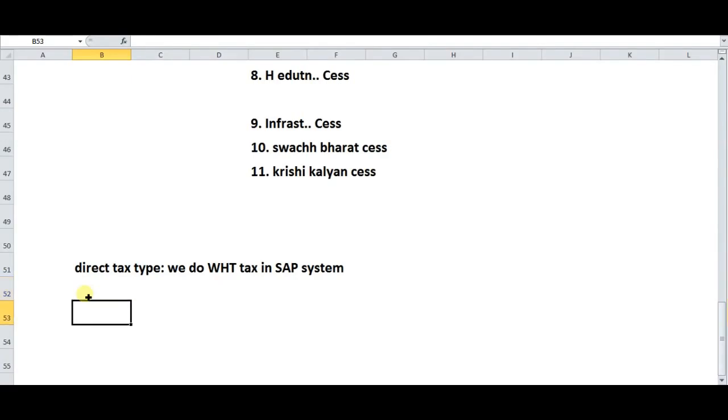And like the way, for indirect tax types, we do CIN configuration in the SAP system.